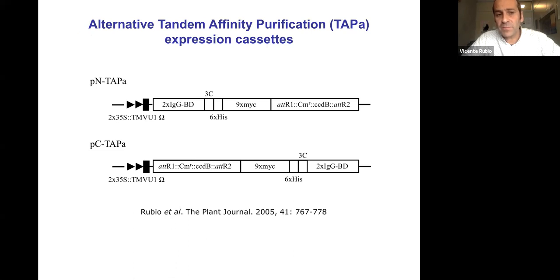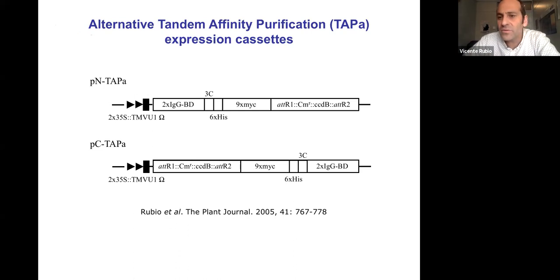In this system we would express different fusions, which could be N-terminal fusions to the TAP epitope or C-terminal fusions to our protein of interest. The cloning system was based on Gateway, which would facilitate cloning of multiple proteins and carrying out interactomics with a large number of proteins.